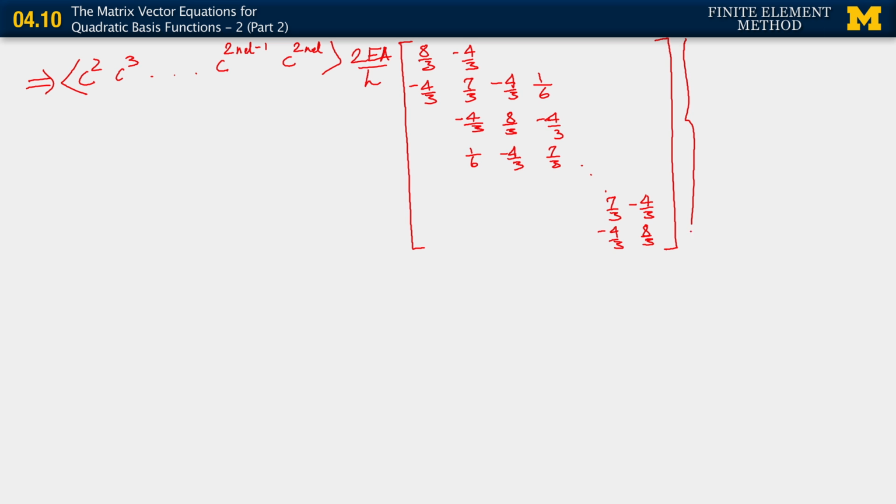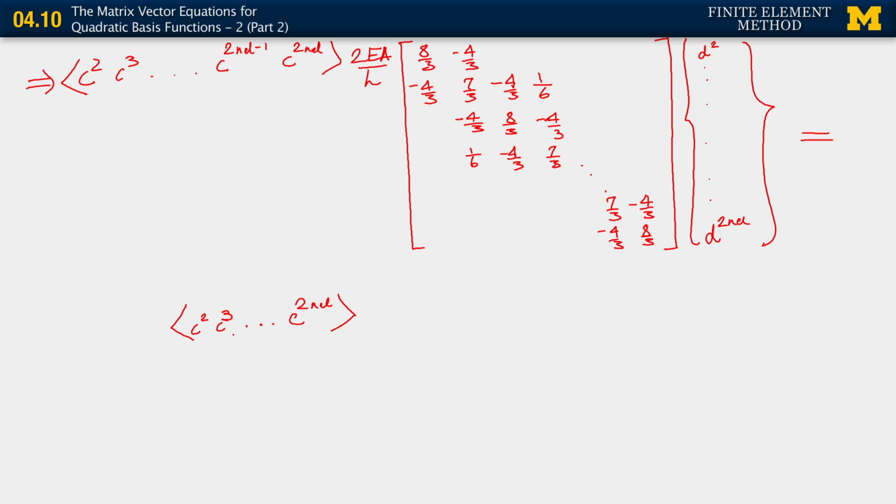Multiplying, in the D vector, we don't have D1 because we moved it to the right-hand side. We come all the way down and we end here at D2NEL, equal to C2, C3, up to C2NEL.